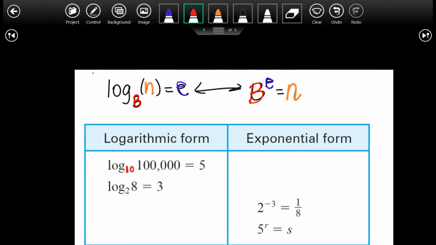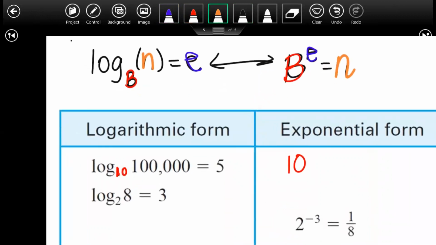The small number that's down here is going to be my base for the exponential, so something raised to another power. Whatever the number is equal to is what it's going to be raised by. So we're going to raise 10 to the 5th power, and that value should equal my inside value of my logarithm, which is 100,000.